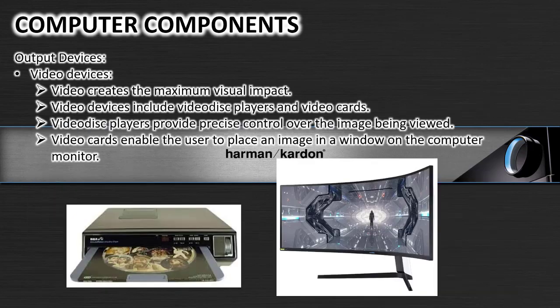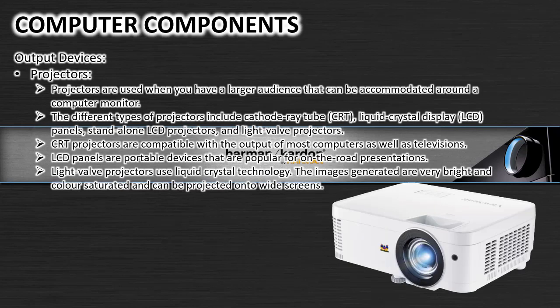Next is the video device. To display the multimedia project, we will require a graphic card attached to the computer motherboard. After that, we can connect our monitor or screen or projector to our graphic card to display the output. Other than monitor or TV, the projector is also known as a display device.